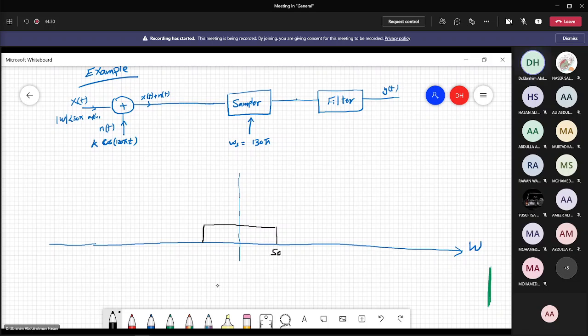Okay, so this is 50 pi and this is minus 50 pi. And here we have k cosine 120 pi. So 120 pi, so it's one here. Another one here.